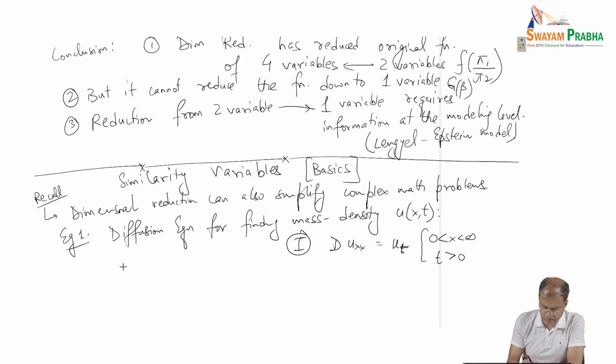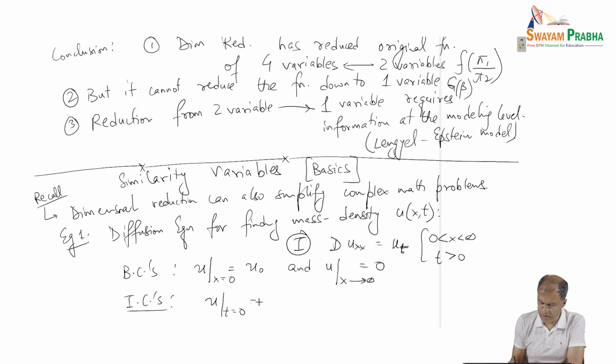Then we can further introduce boundary conditions. We have that u at x equal to 0 is, let us say, u0, and u as x tends to infinity is 0. Right? And similarly, we can also set up an initial condition that u at t equal to 0 is 0.